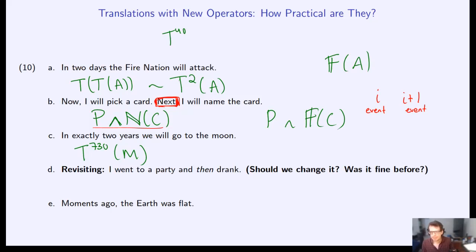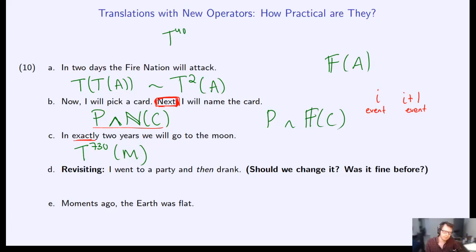But the problem with these ones is that this translation is nice because we have the word exactly. But what do you do when you get a sentence like, in 2 years, we will go to the moon? Because what does 2 years mean? Is 2 years a precise time, or is it one of those vague timelines where it says, well, 2 years is 2023?